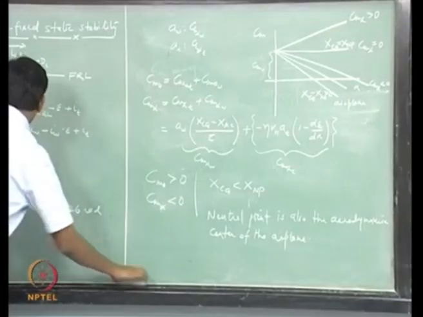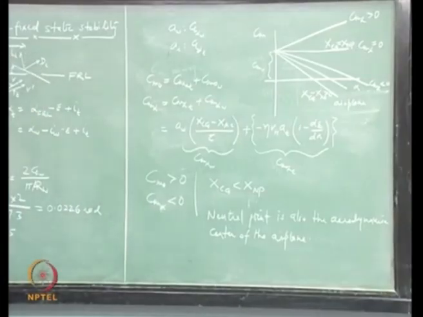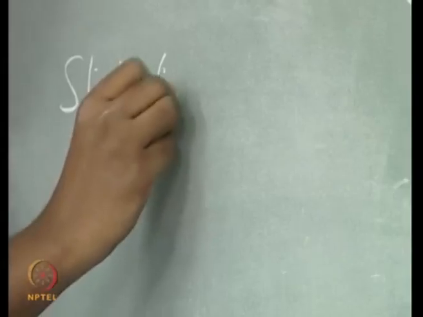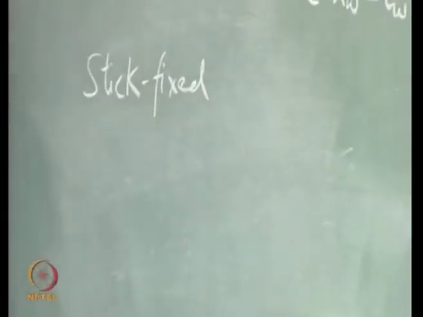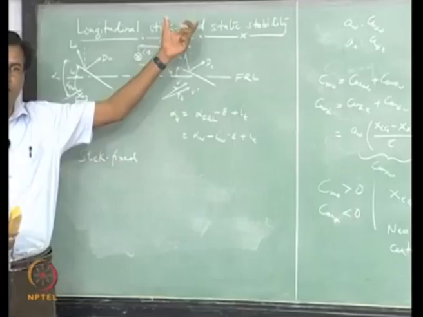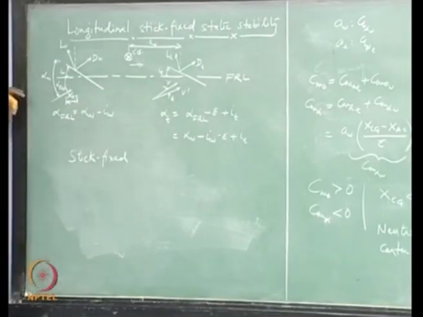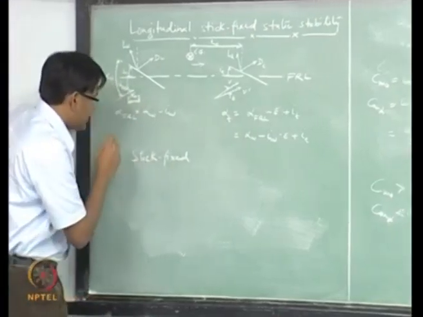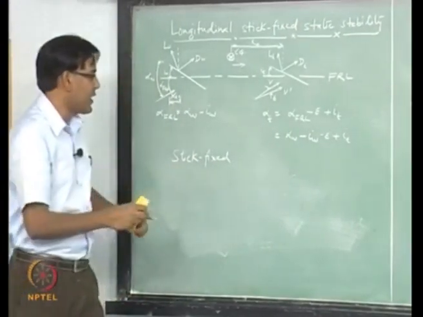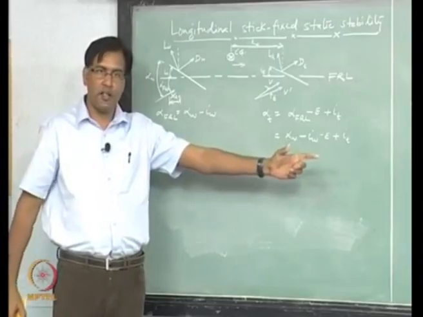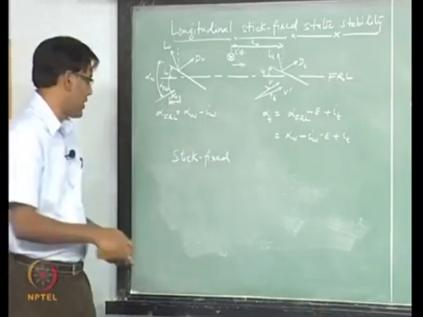So, let us try to get the expression, and this is for the stick fixed case. We are still looking at stick fixed static stability, right. And thus we will call this neutral point the fixed neutral point.